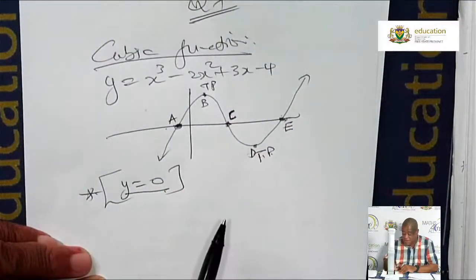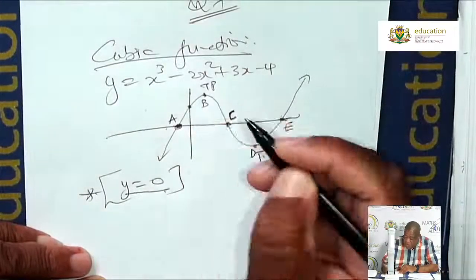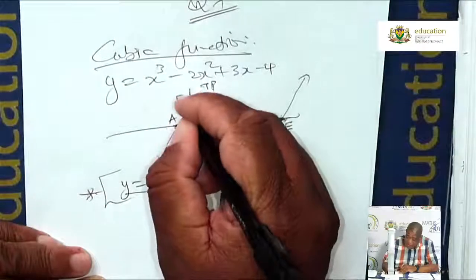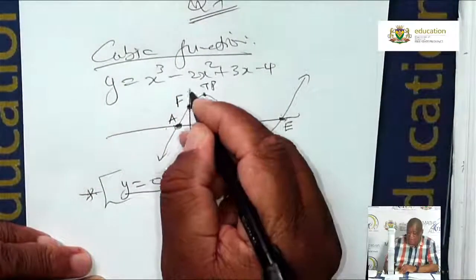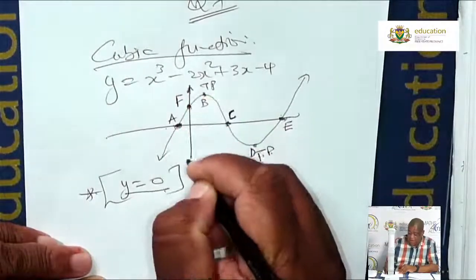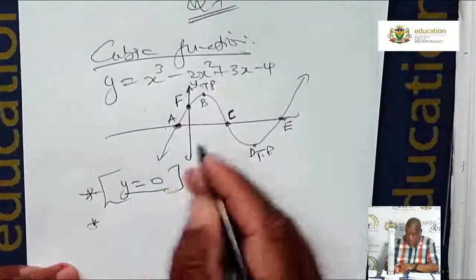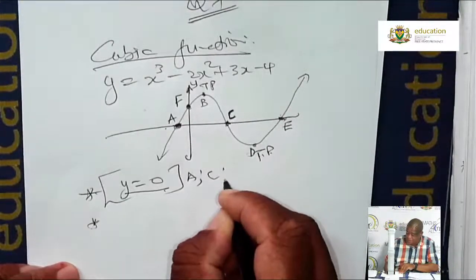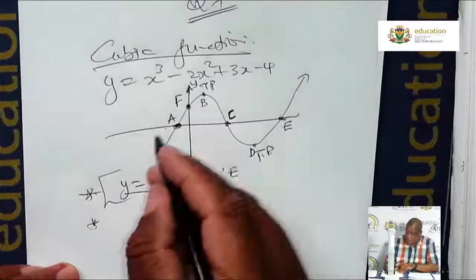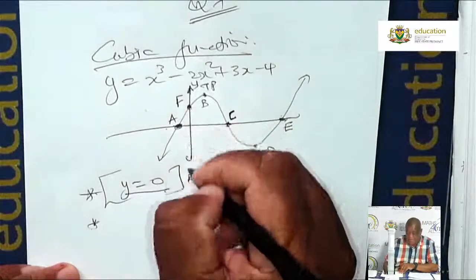The position is very key. The other point will be here. Let me call it point F. If you look at this point F, it is on the y-axis. That's where the graph is cutting the y-axis.